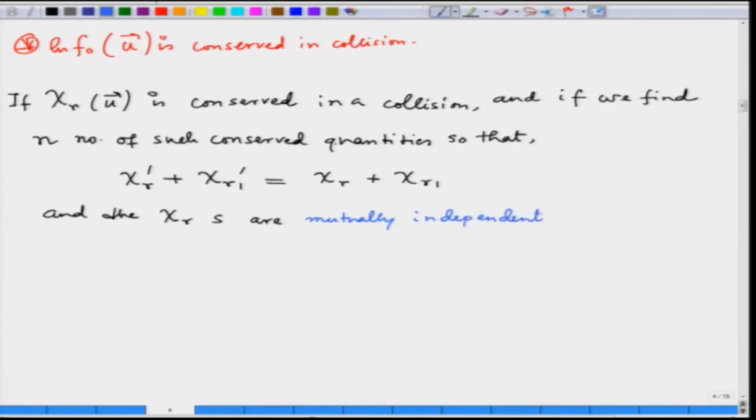That means they are independently conserved. One conservation does not depend on the conservation of the other.